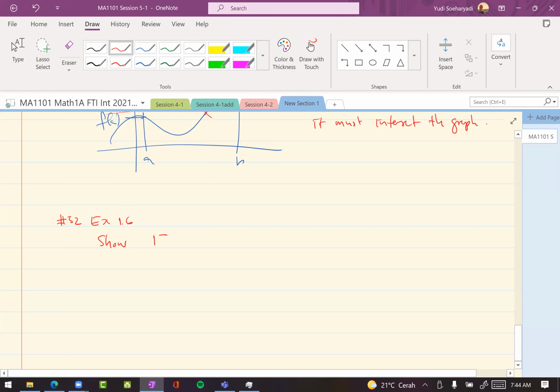I call it IVT, intermediate value theorem. Show using IVT that x cubed plus 3x minus 2 has a root between 0 and 1.